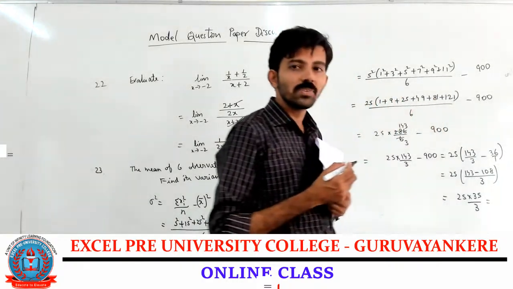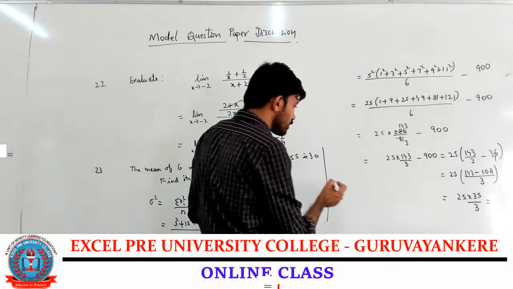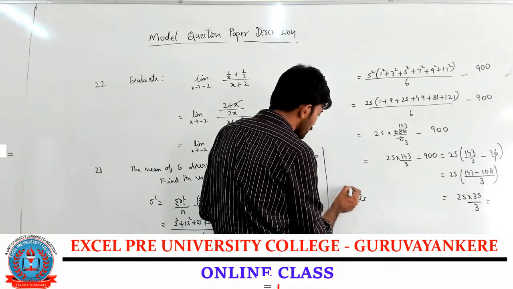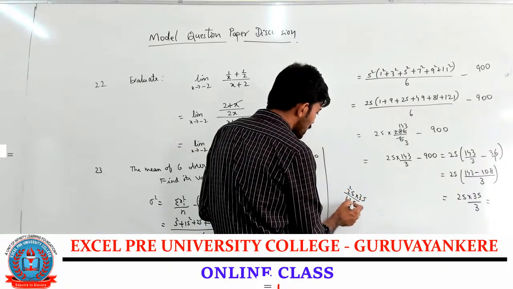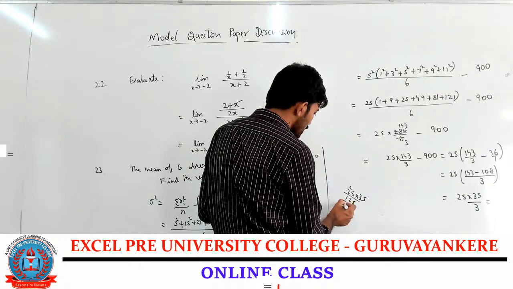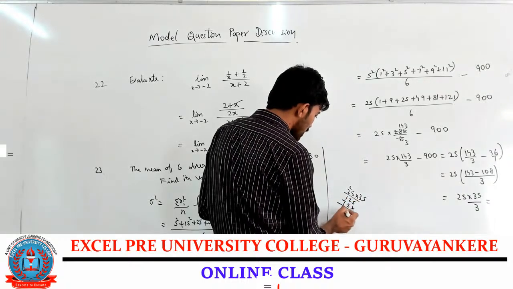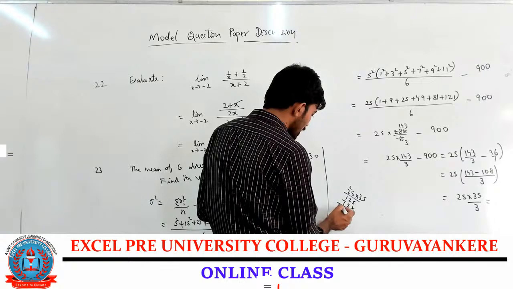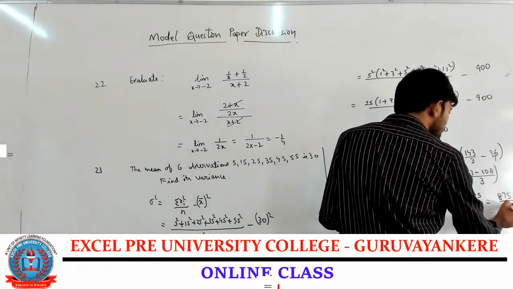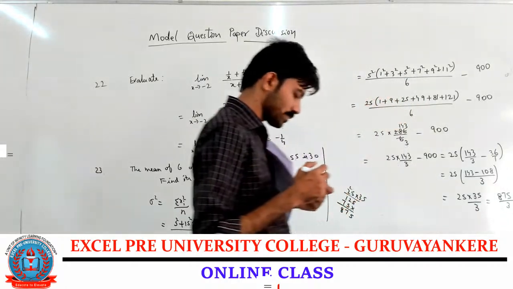Multiply this: 25 into 35 is 875. Variance is 875 divided by 3.